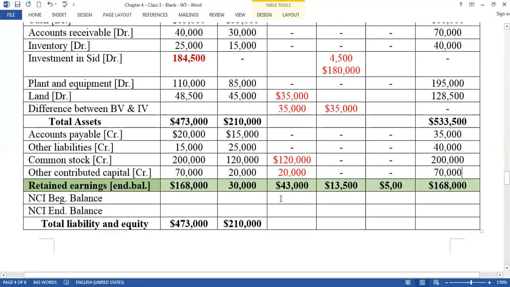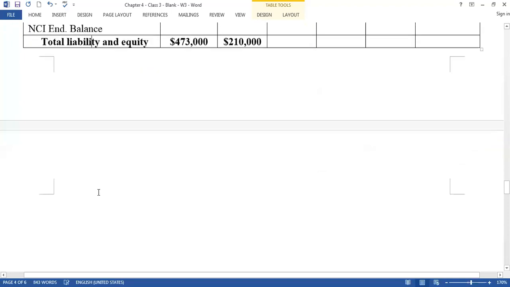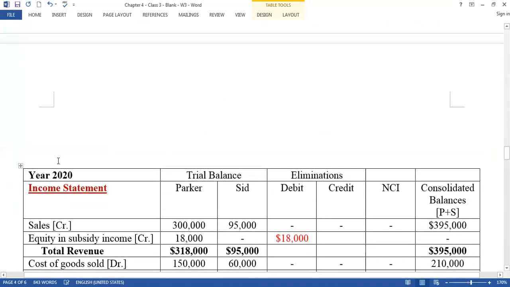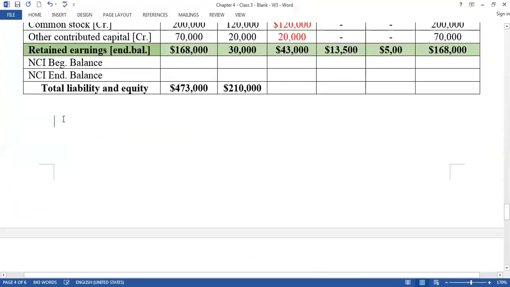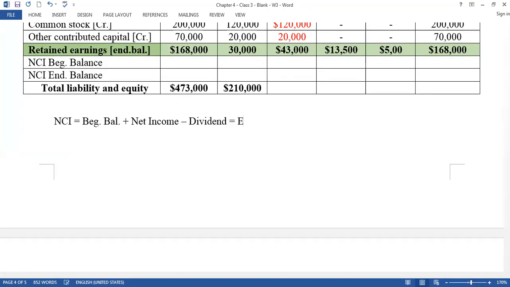Now NCI, if you remember our last class, NCI equals beginning balance plus net income minus dividend.